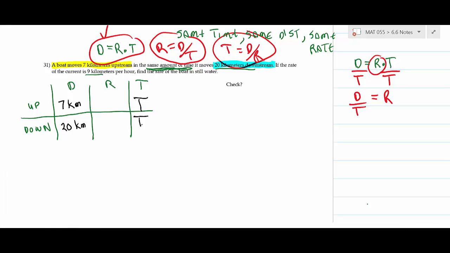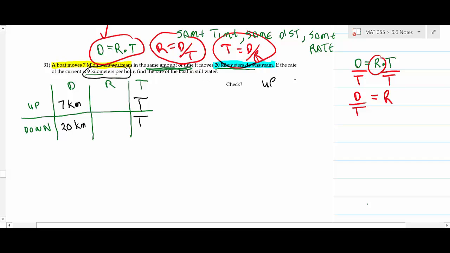All right. Now, what we learned how to do earlier in the semester is, remember, there's two things going on here. You've got to have the rate of the boat, and you've got to have the rate of the current. If you're going upstream, that's going against the current. What does that do to the boat? Does it make it go slower or faster? Slower. So they gave you the current is 9.